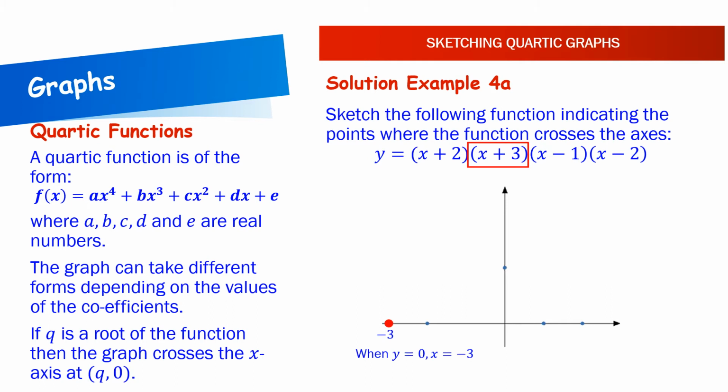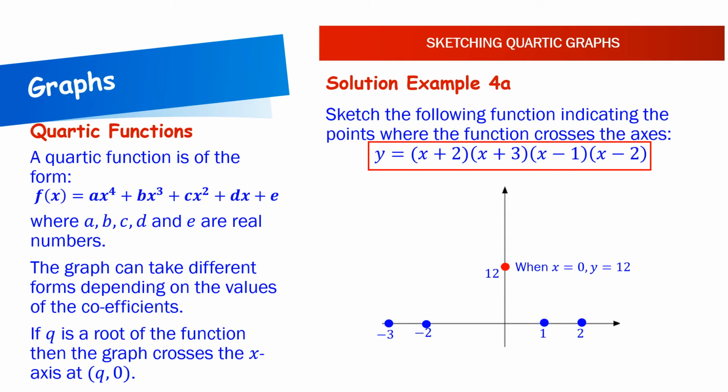So when y equals 0, x equals minus 3, or x equals minus 2, or x equals 1, or x equals 2. And when x equals 0, y equals 12. We've simply multiplied 2 by 3 by minus 1 by minus 2.